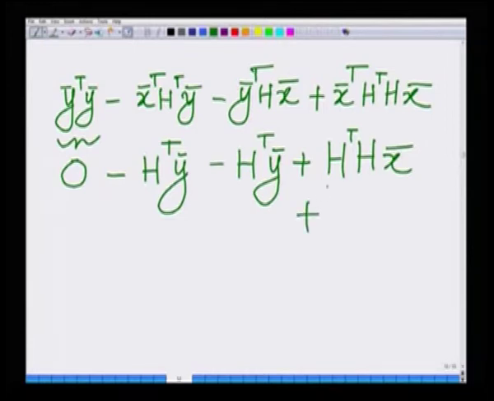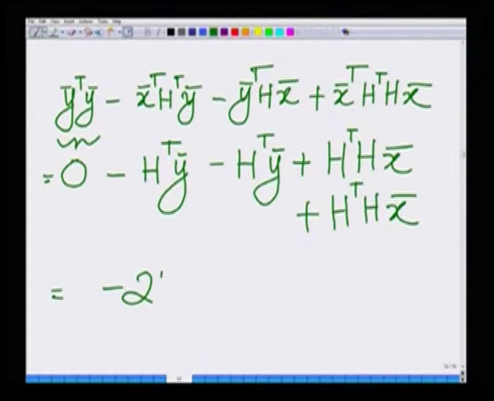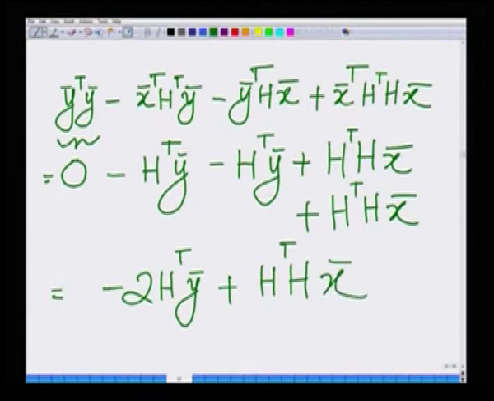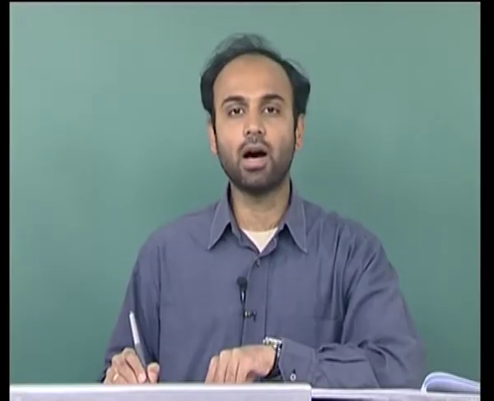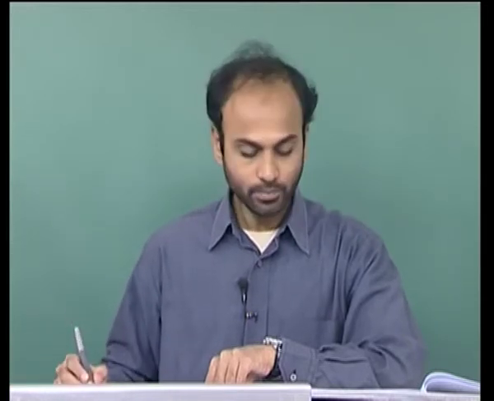Plus, now when you assume again x transpose h transpose h is constant and you are differentiating with respect to x bar, it is again h transpose h x bar. Hence, this is nothing but minus 2 h transpose y bar plus 2 h transpose h x bar. So, the derivative of the norm square of y minus h x with respect to x bar is minus 2 h transpose y bar plus 2 h transpose h x bar, all right.